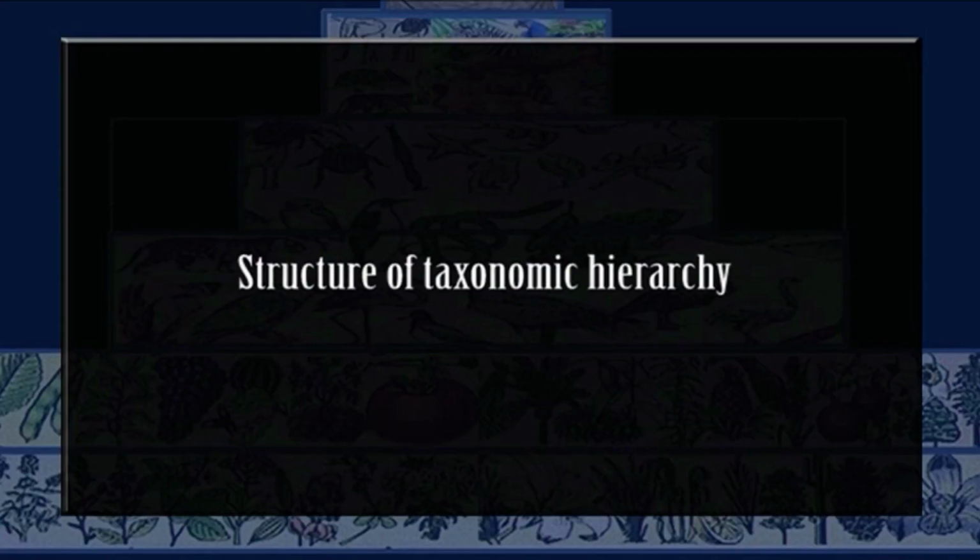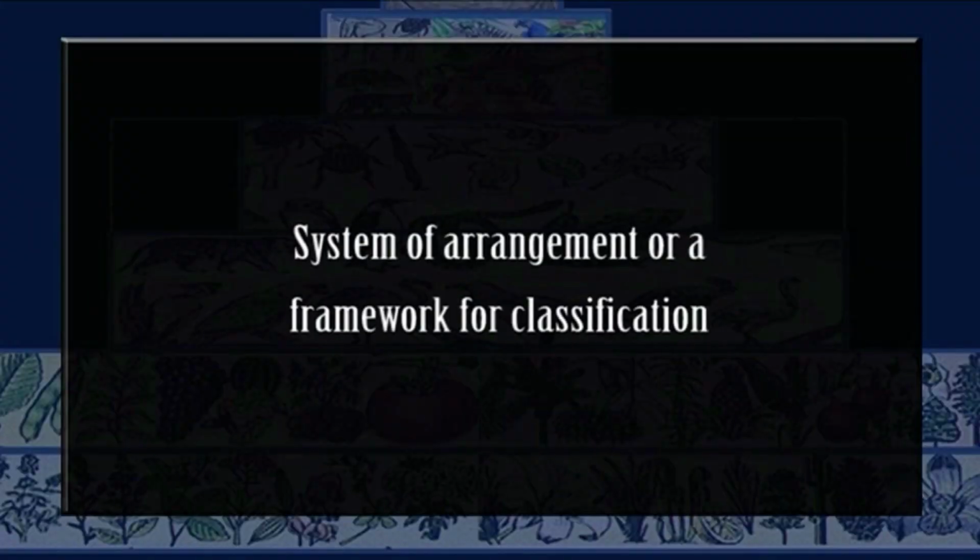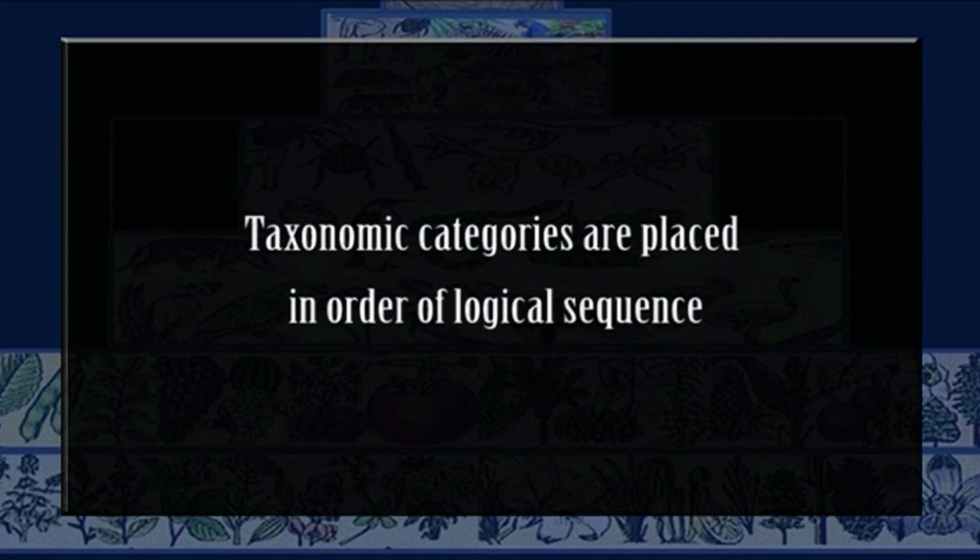Now, we will analyze the structure of taxonomic hierarchy. Taxonomic hierarchy can be defined as a system of arrangement or a framework for classification in which various taxonomic categories are placed in order of logical sequence.